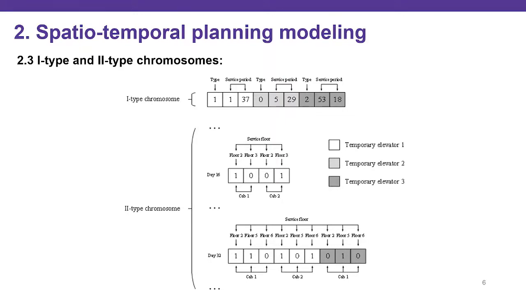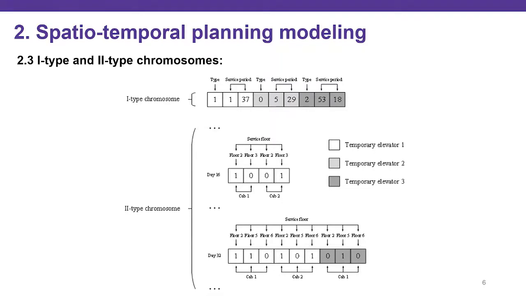In the configuration of a temporary elevator is a dual cage, like in the case of temporary elevator 1 in the figure. The service floor of each cage is represented respectively. The gene with 1 represents that the service floor of the cage includes the corresponding floor, otherwise does not.